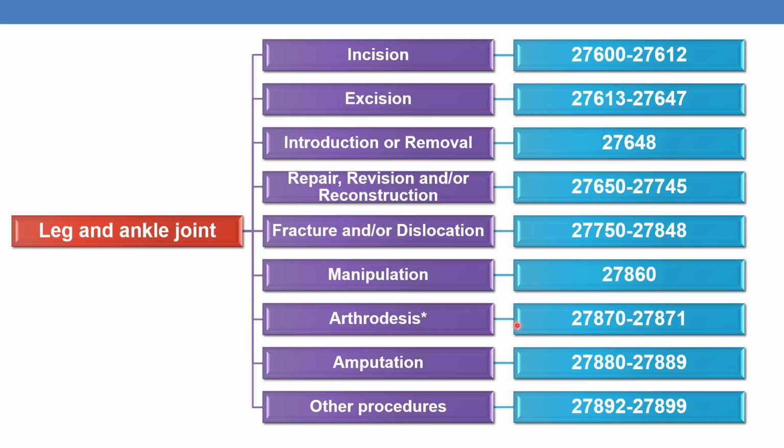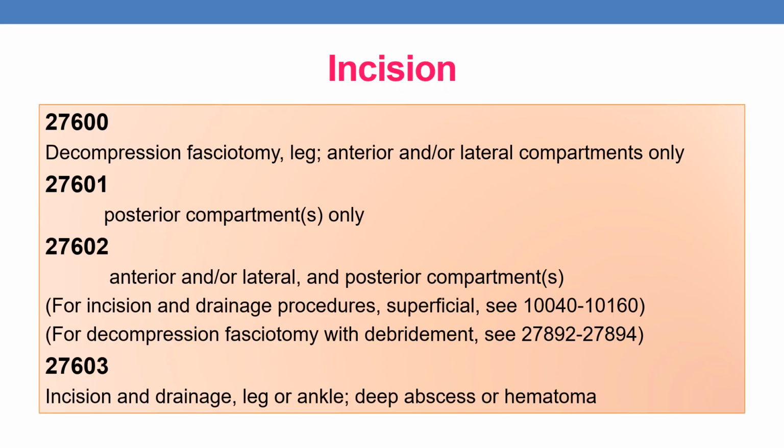And for arthrodesis, the CPT range is 27870 to 27871. And for amputation, the CPT range is 27880 to 27889. And finally, coming to other procedures, they come under 27892 to 27899.